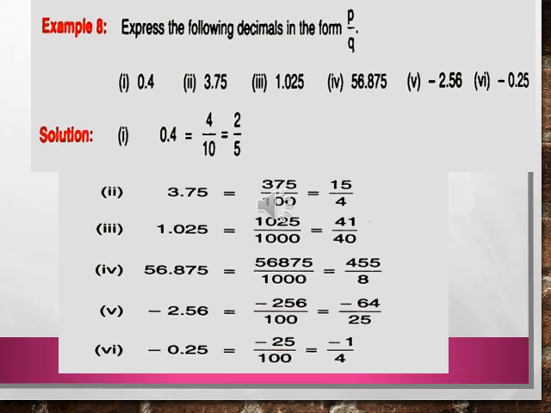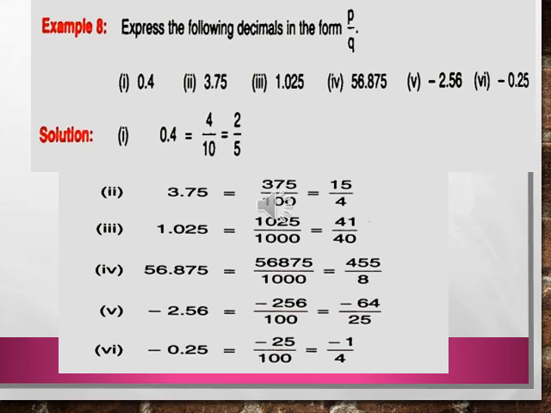See here, minus 2.56. How many decimal places are there? 2. So write the numerator as it is, removing the decimal point, and in the denominator write 100. It is equal to minus 64 upon 25, which is in the lowest form. See the last example, the sixth example, minus 0.25.